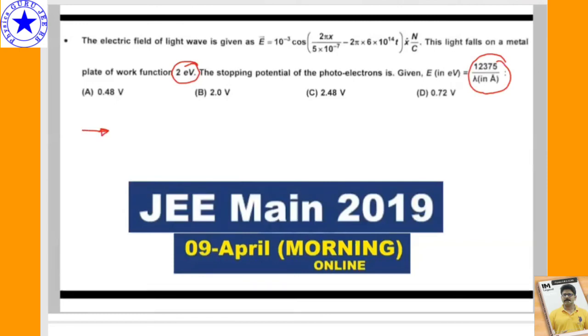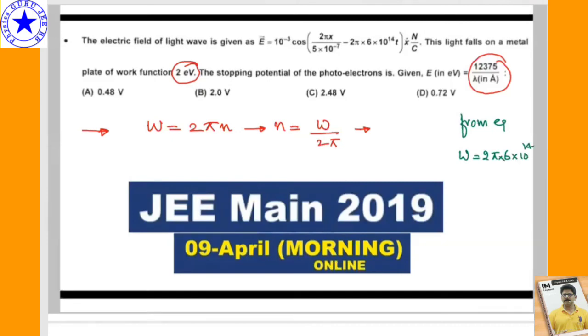Now the frequency is given by omega equals 2 pi n, so n is equal to omega divided by 2 pi. According to the equation, if I compare with omega t, I get omega equals 2 pi into 6 into 10 to the power of 14.